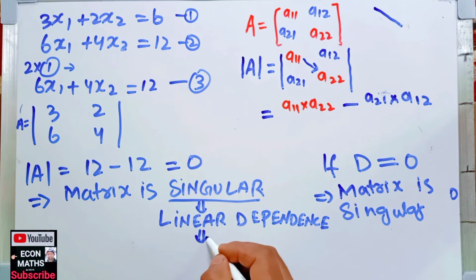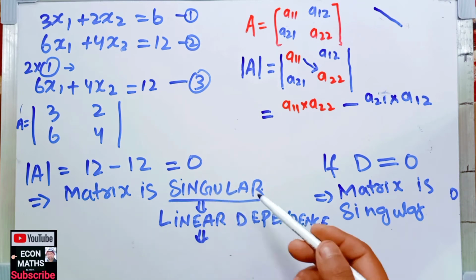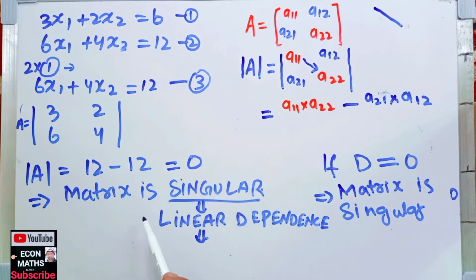Now if the determinant is not equal to 0, then the matrix is non-singular, and then the system of equations are not linearly dependent, they are linearly independent.